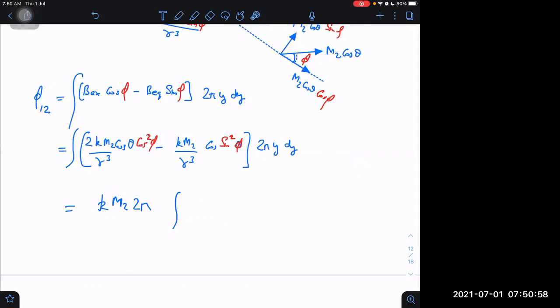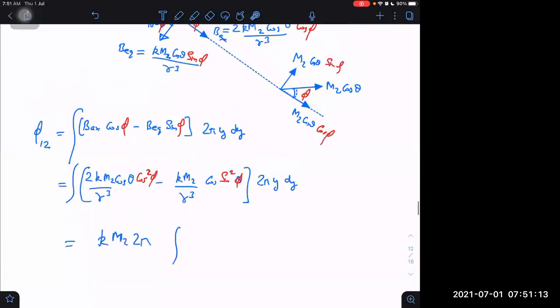What do we get now? Two k m2 into 2 pi into... cos theta is a constant here, right? We can remember this is a constant, but phi is a variable.